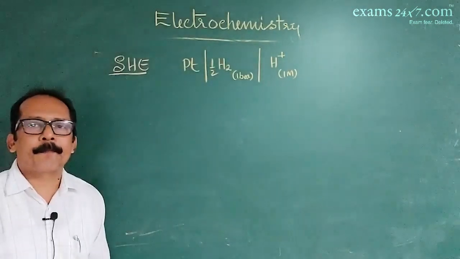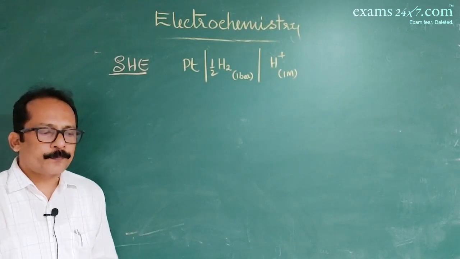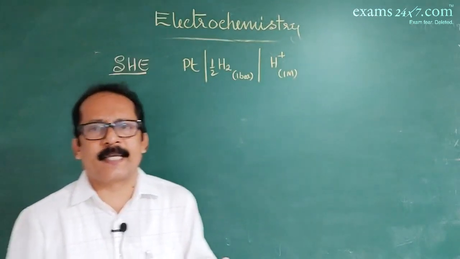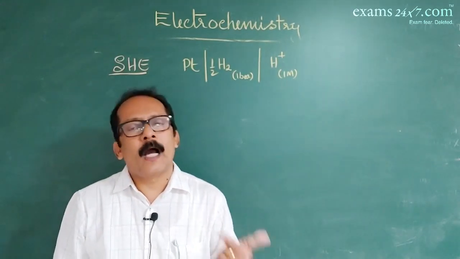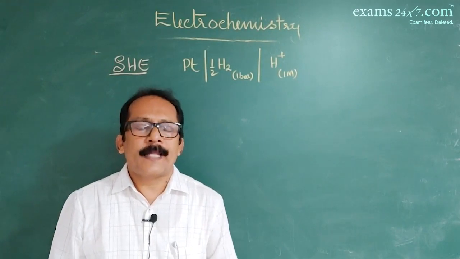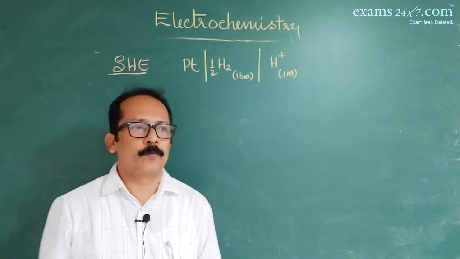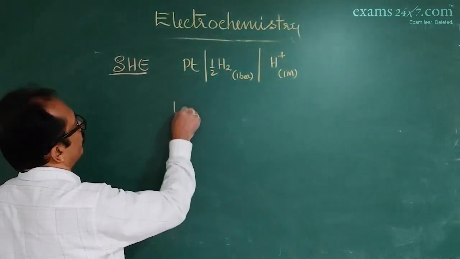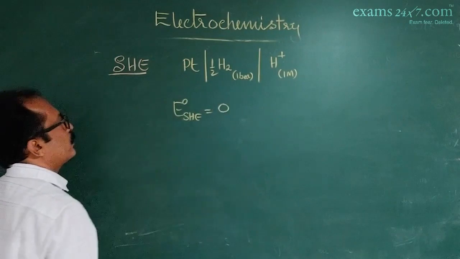This is the representation of the standard hydrogen electrode. This electrode is taken as the primary electrode because both oxidation and reduction take place, and the electrode potential of the standard hydrogen electrode, E naught, is equal to 0.